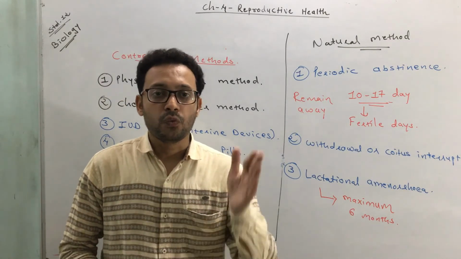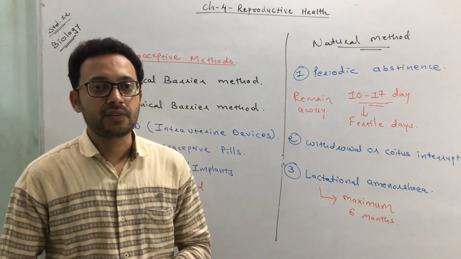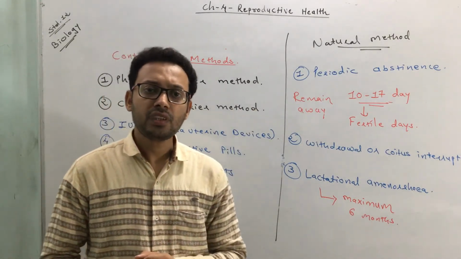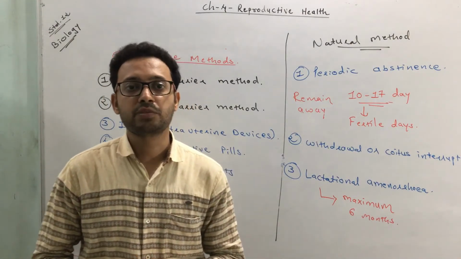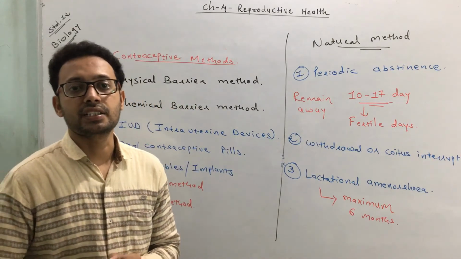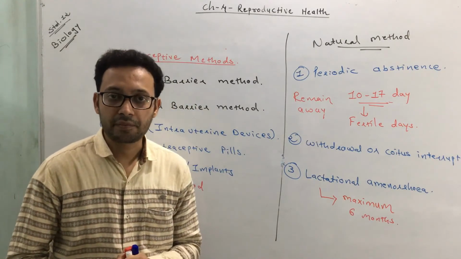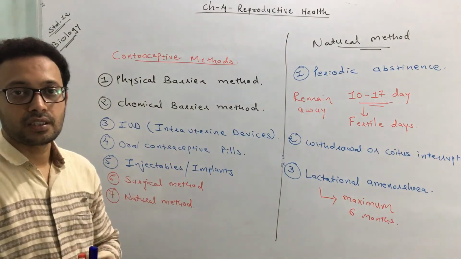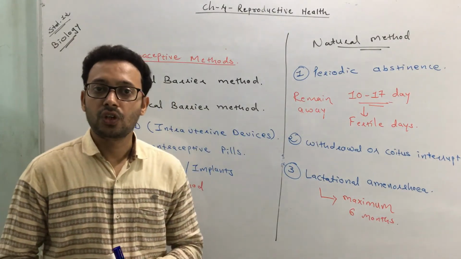So prepare them with their advantages, disadvantages, and also prepare a diagram in case of the surgical method, because sometimes they ask only the diagram of a surgical method for 2 marks. Okay, so this is called contraceptive methods. I hope it is clear to all of you.